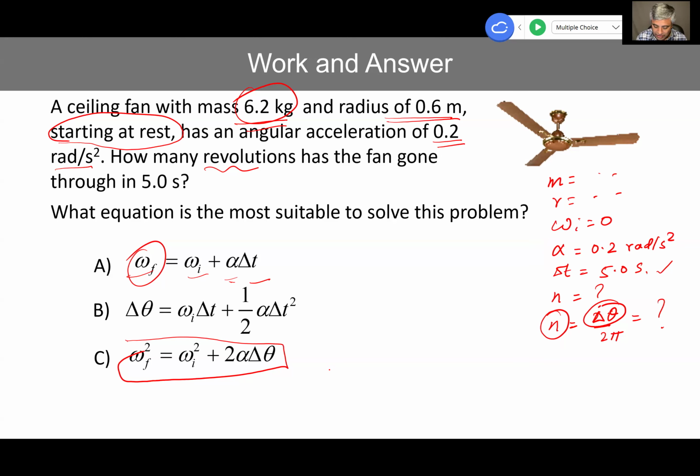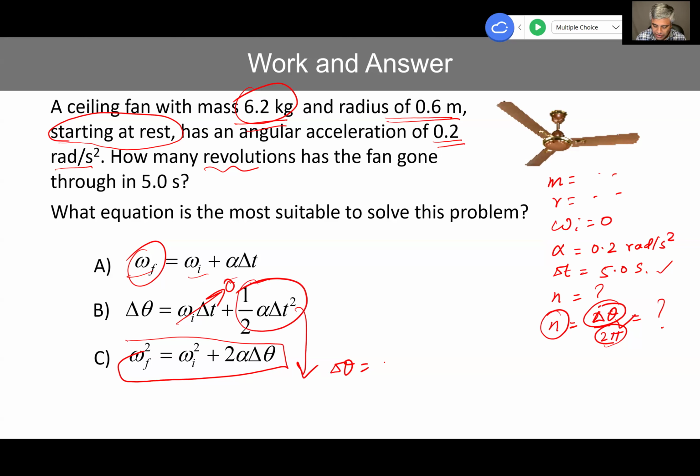In this case, we want delta theta, and once we have delta theta, we can divide that by 2 pi to get n. So here, using this equation, delta theta is going to be what? See, the initial speed is 0.